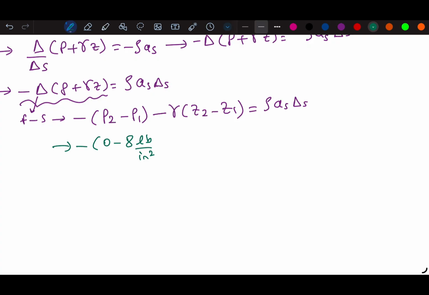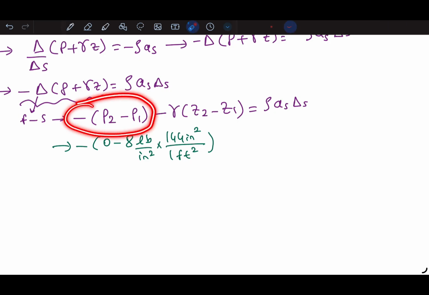And since all terms are in feet, we can actually convert this to feet. So let me write 144 inch square over 1 square feet. So this is for the first part.